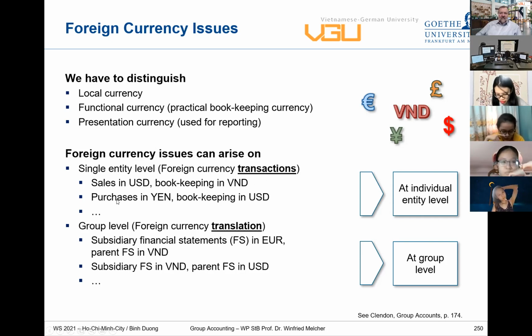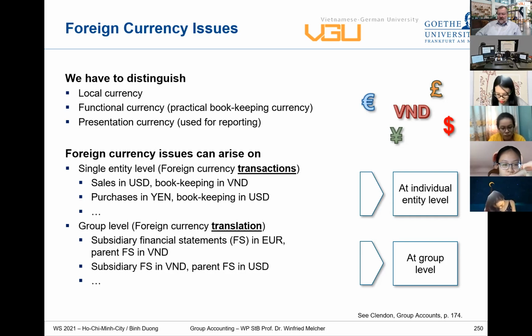Or the US companies purchase in yen when they buy from Japan. When they do their bookkeeping in US dollars, well, then yen is a foreign currency transaction. Or you have some people from abroad.